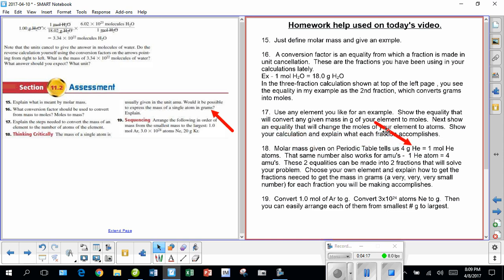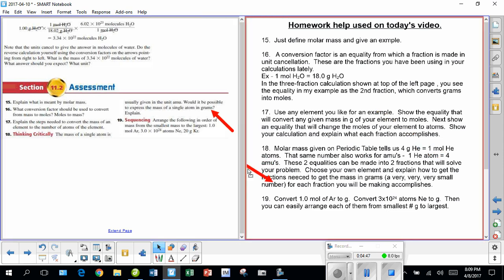Because whatever number of grams equals 1 mole, it's the same number of AMUs that equal 1 atom. Probably should have put this backwards, where I had the 4 AMUs equal 1 helium atom, so it matched this. But I think you get the idea. These two equalities can be made into two fractions that will solve your problem.